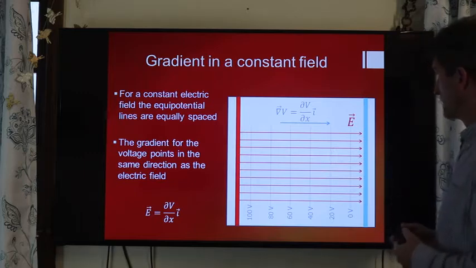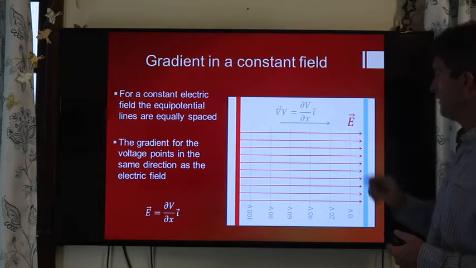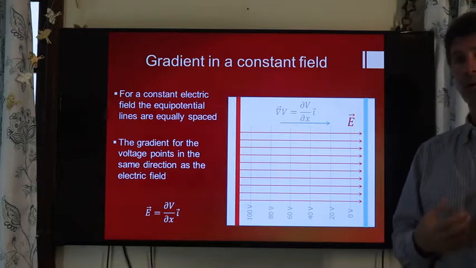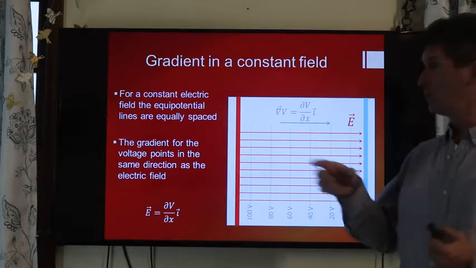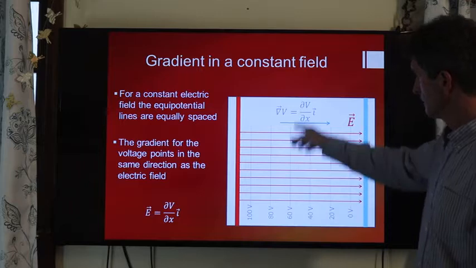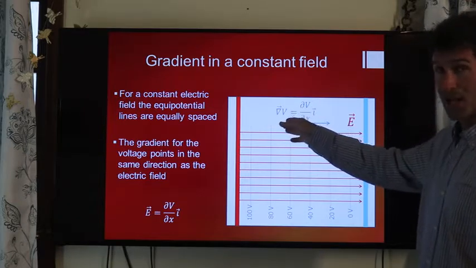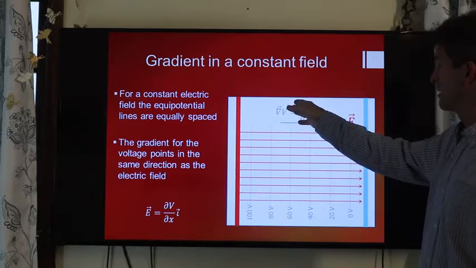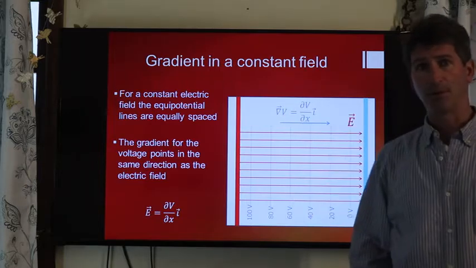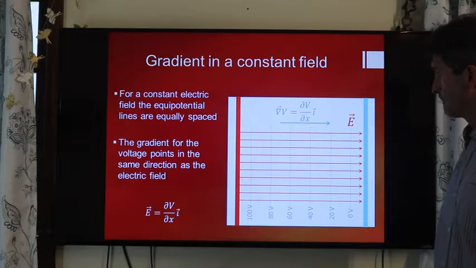The next thing that we see with this is that the electric field vectors are always perpendicular to what we call equipotential lines.